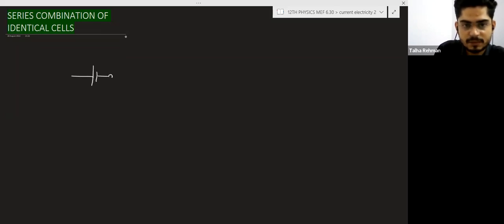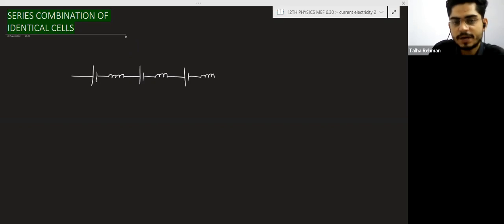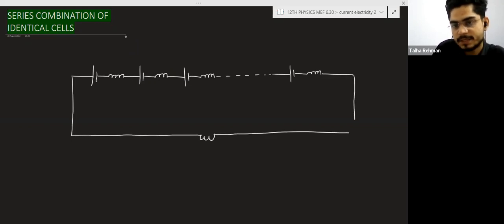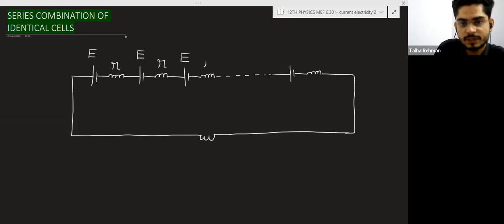This is one cell, and I am connecting n cells in series, each of EMF E and internal resistance r.